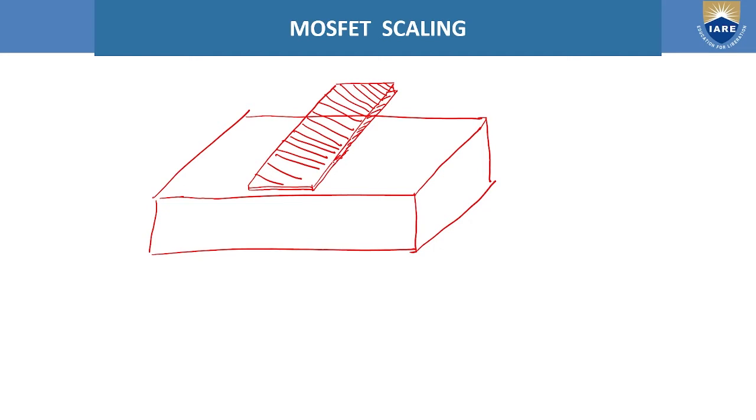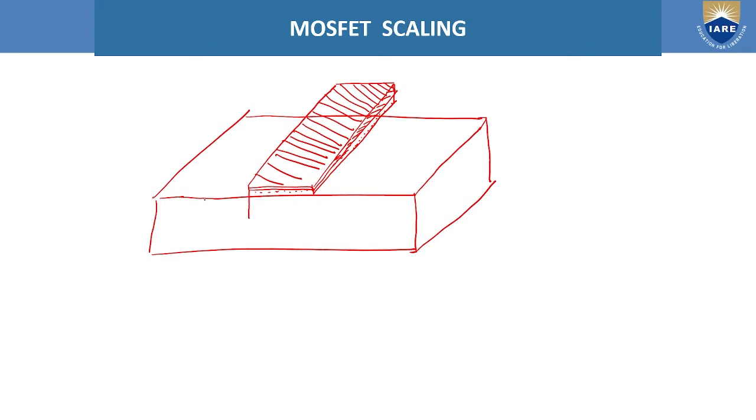The polysilicon is separated from the substrate by a thin oxide, which acts like a dielectric, and I am putting dots here which represent the thin oxide.